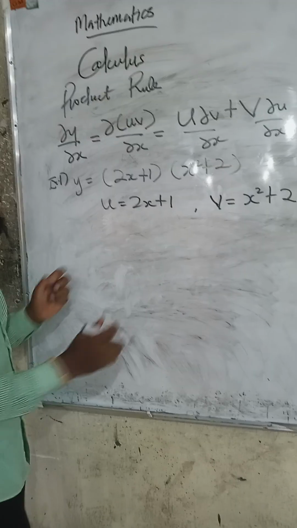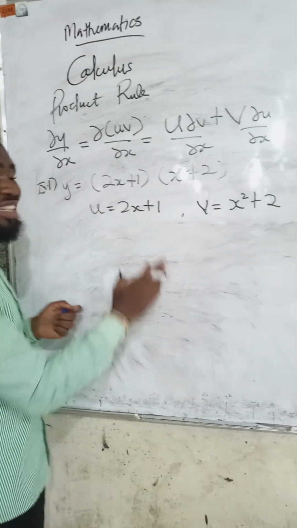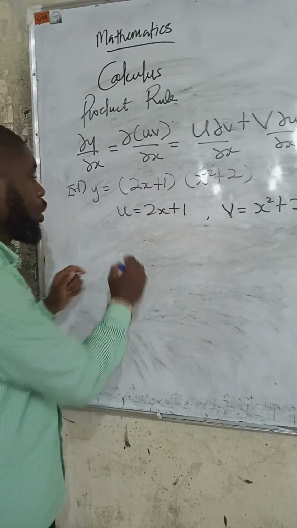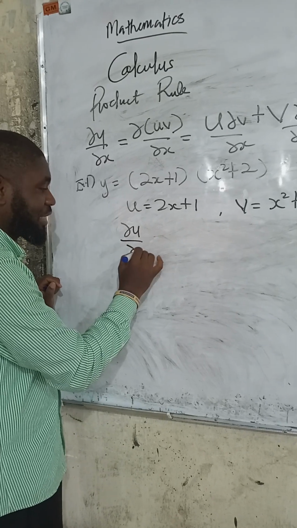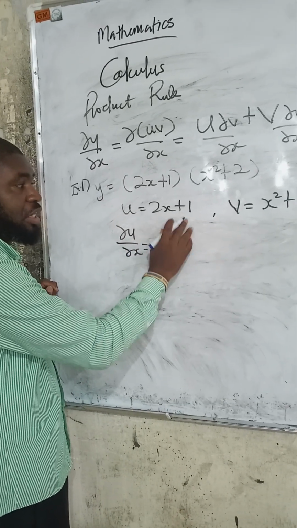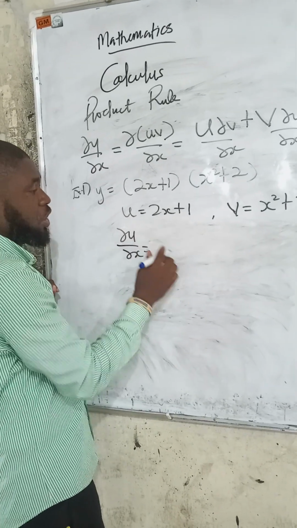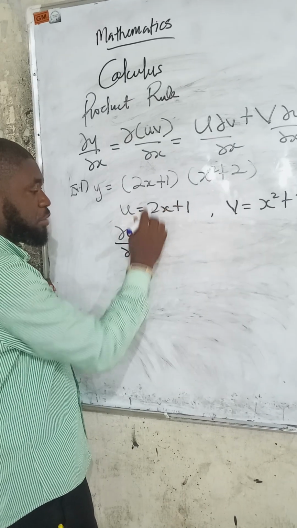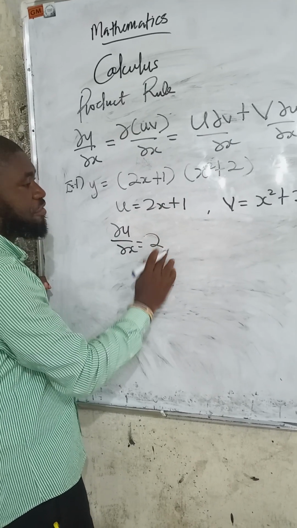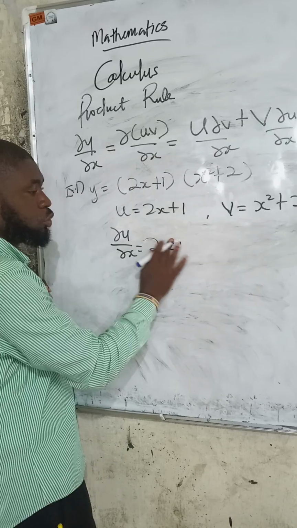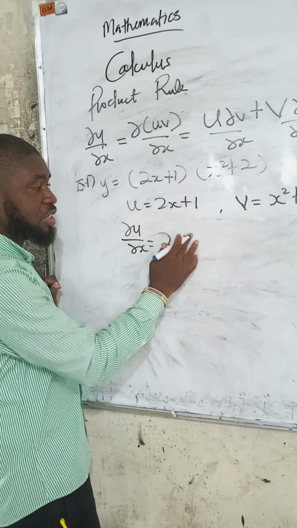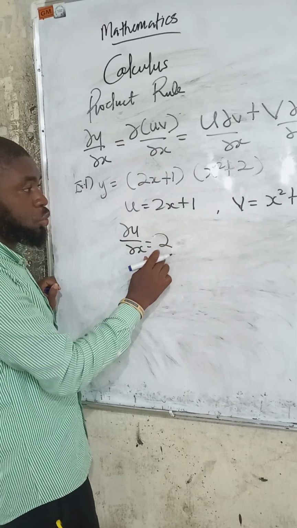So if you have this as your u and your v, the next thing you do is differentiate your u. You have du/dx. If you differentiate this, you already know that differentiating 2x, x is already raised to the power 1, so it becomes 1 times 2, which is 2, and you're going to have x raised to the power 1 minus 1, which is 0. x raised to the power 0 is 1, and 2 times 1 is still 2.